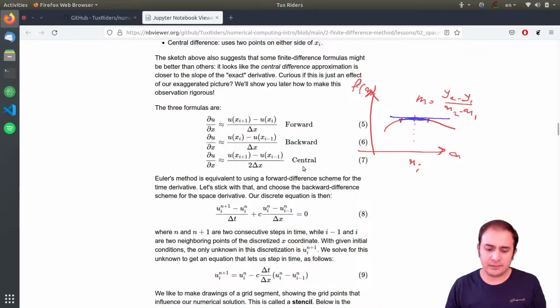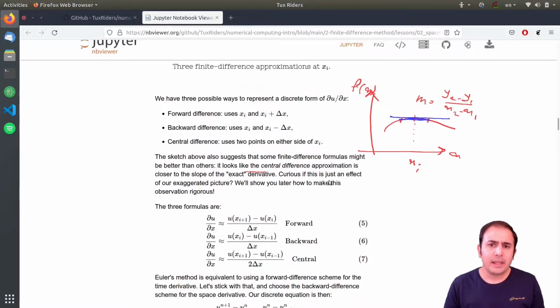For the central difference, what is important to point out is that this value is 2 delta x, because we have 2 delta x between these two points. But as you saw, the central difference gives a more accurate calculation of the slope at the point.